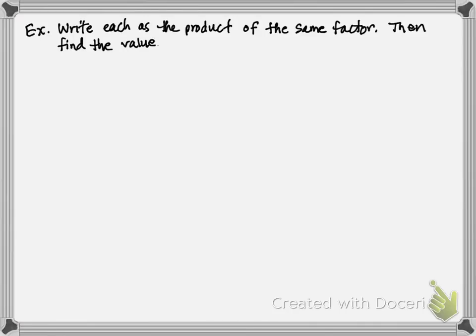Okay, so what are these problems going to look like? What you're going to do is you're going to see a problem written in exponential notation or exponential form. Okay, so you're going to see a base and an exponent. So job 1 is we need to write it as the product of the same factor. So this is going to be 4 times 4 times 4 times 4. I stop when I have 4 4s.